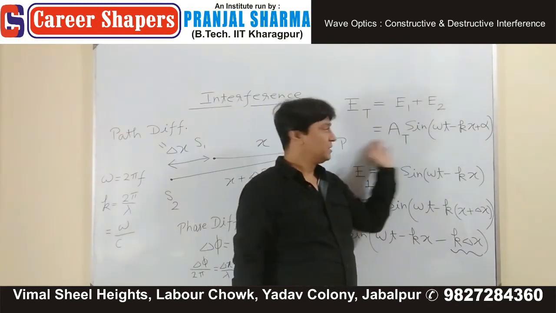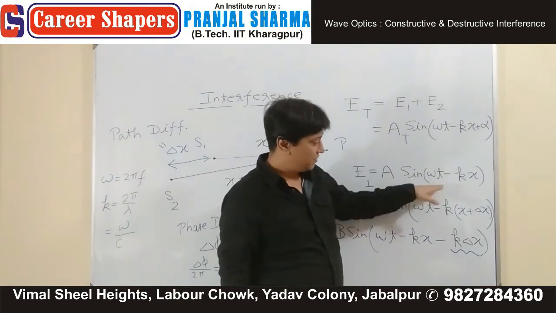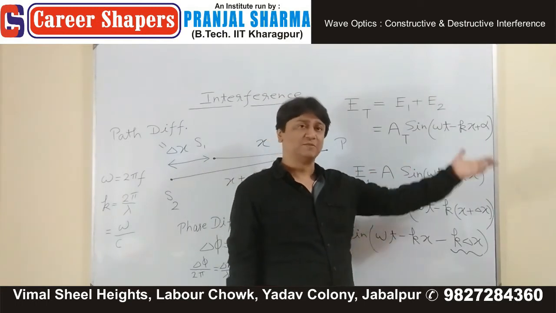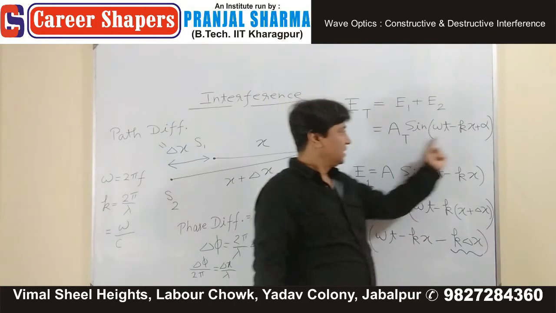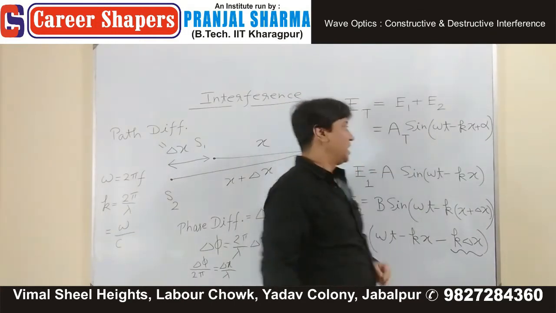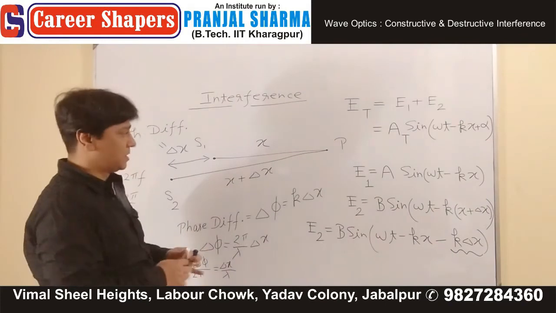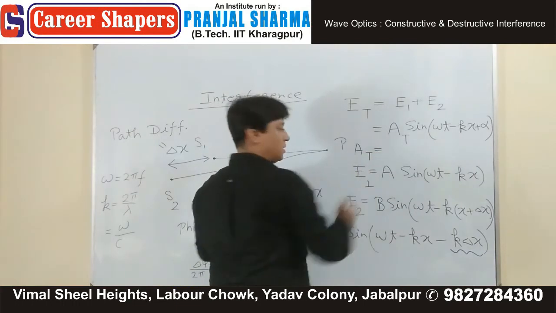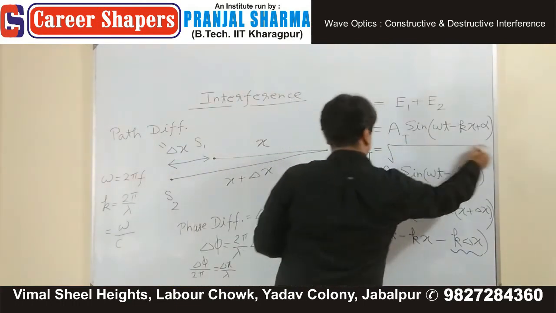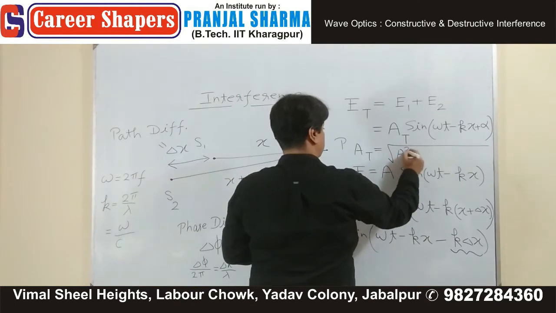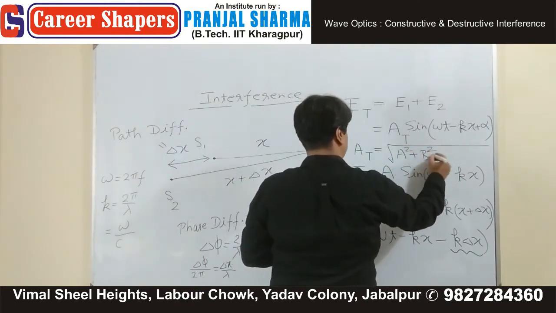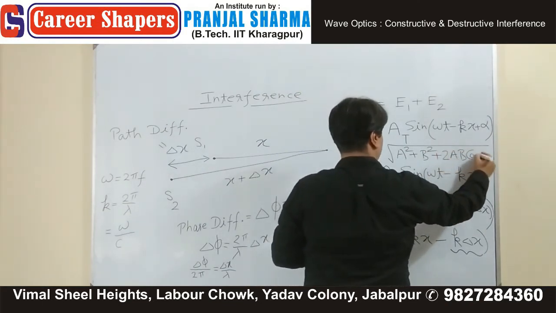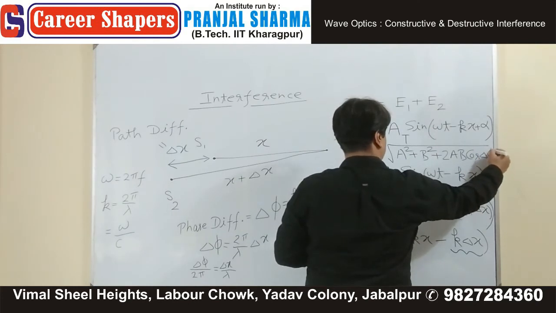Just because of that, instead of opening this and presenting every part in terms of sine and cos and then simplifying that, we can directly say whole thing is in this form. And when things are in this form, maybe you remember A total. This A total is A square plus B square plus 2AB cos of delta phi.